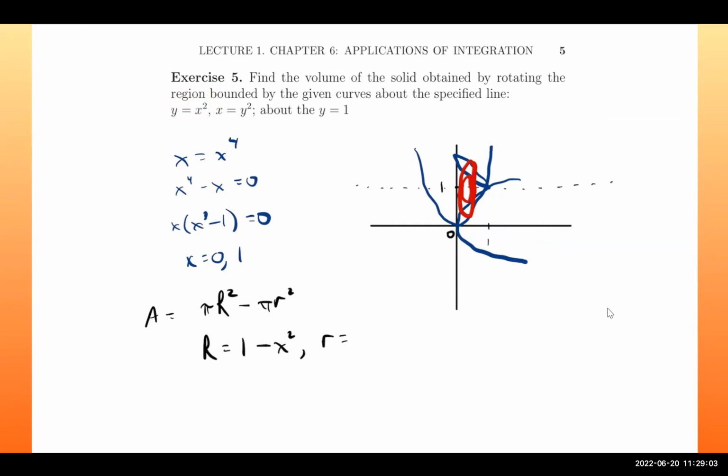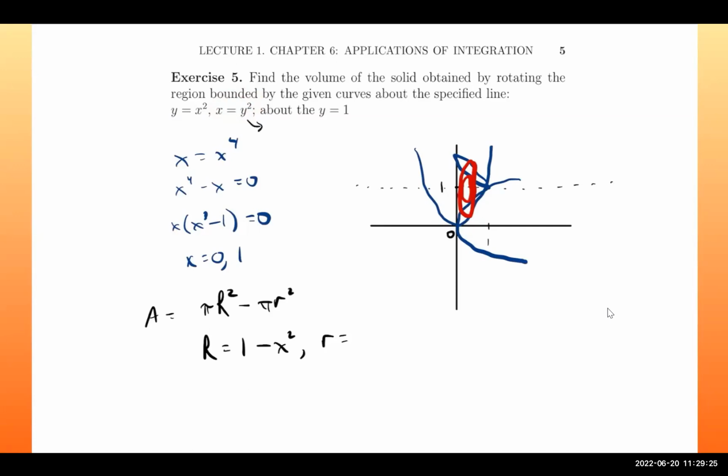Now little r is going to be this distance right here. I'm sorry, this distance right here, that's little r. So it's going to be 1 minus the top function, this one here. But you need to solve for y, because we're integrating with respect to x.